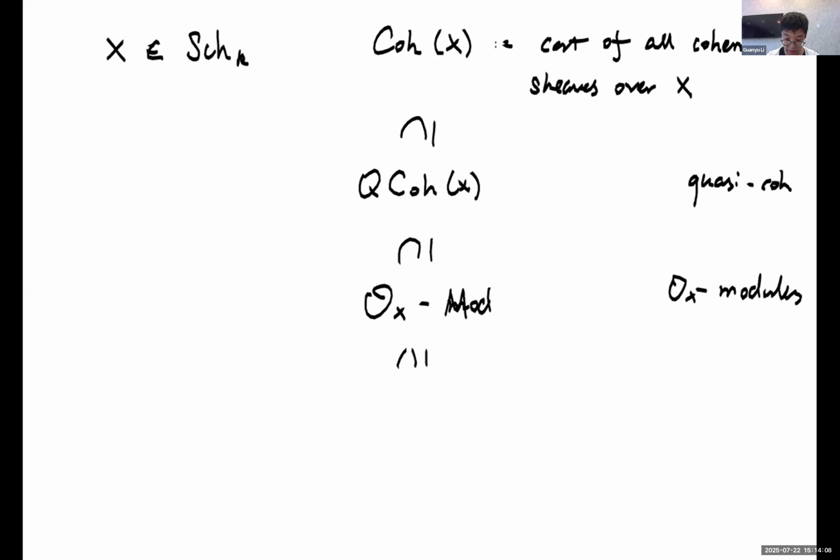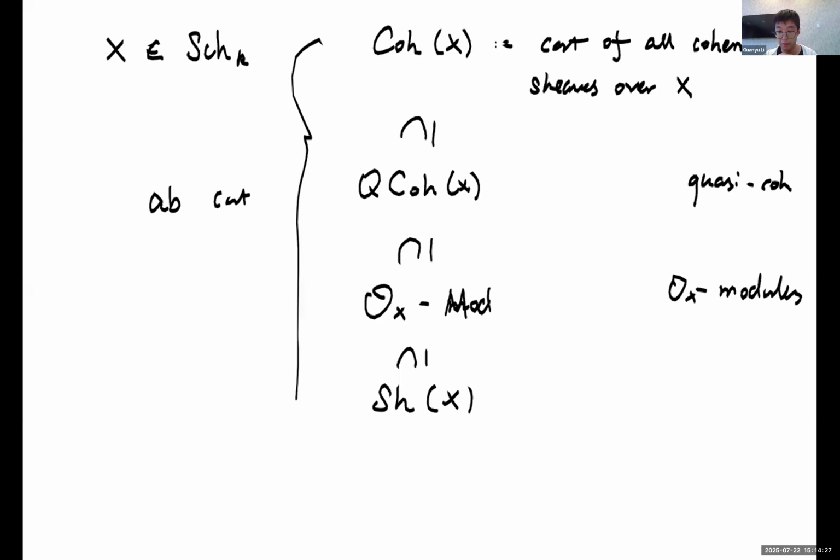And this category is contained in sheaves over X. All of these categories are abelian categories. Because we have a very powerful tool, which is called homological algebra, we can talk about many things using it.